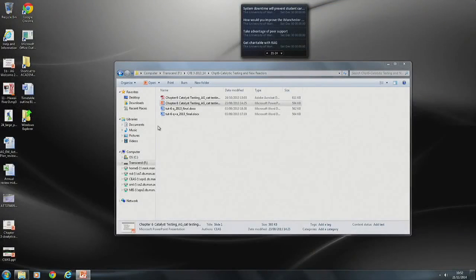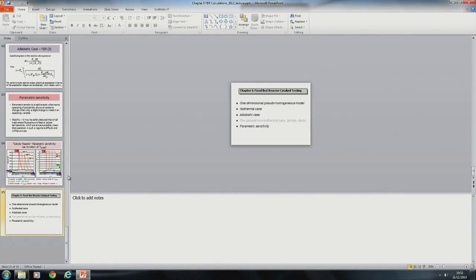I had to show Jarway's explosion for parametric sensitivity. So it's quite nice.